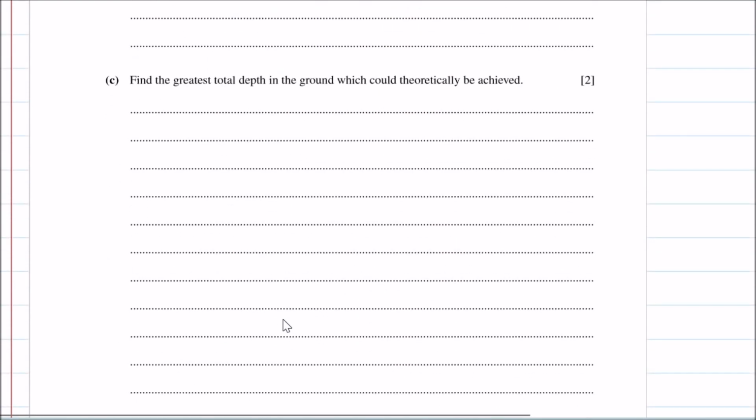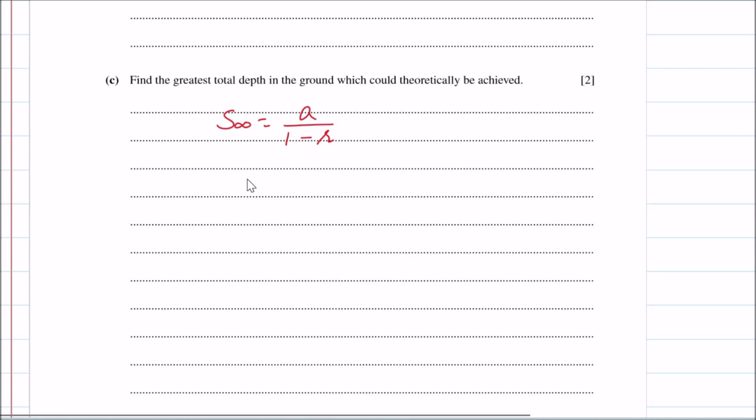Now it says find the greatest total depth in the ground which could theoretically be achieved. Means where the GP will be converging. For convergence, that means we should find the sum to infinity. So we know that sum to infinity is given by a by 1 minus r.